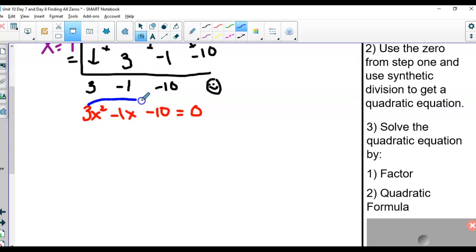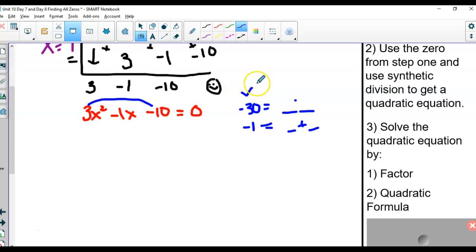Factor by grouping, we multiply the first coefficient by the constant, and that gives us negative 30. We need to think what times what multiplies to get negative 30 that adds to get negative 1. So I need to think of my factor pairs of 30, like what makes up 30?